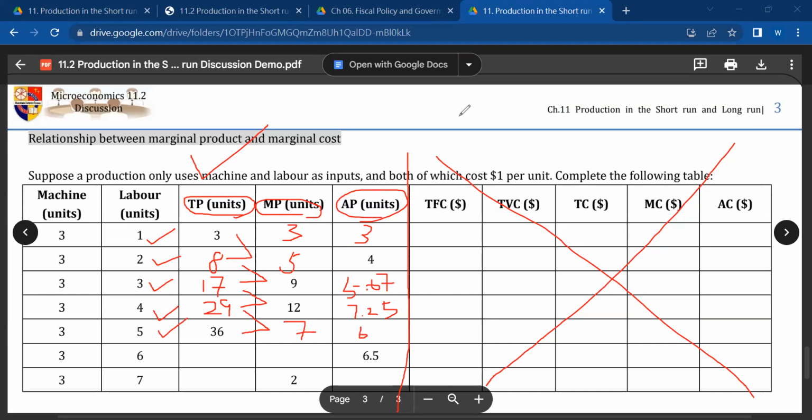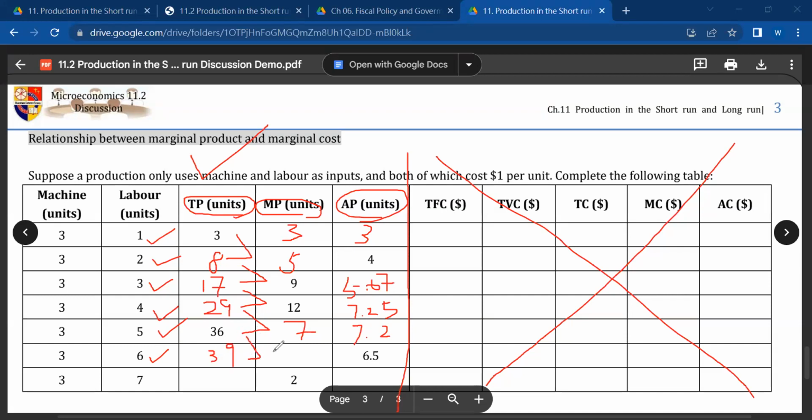And for the 6th neighbor, the average product is 6.5. So 6.5 times neighbor 6, you can get 39.